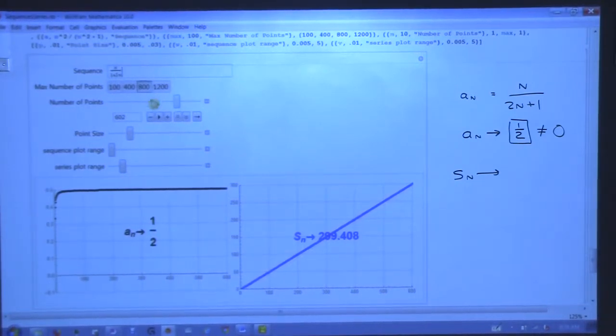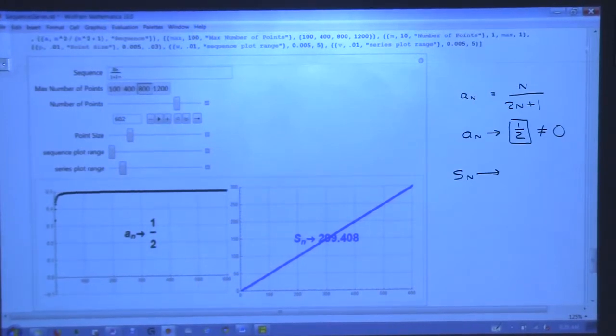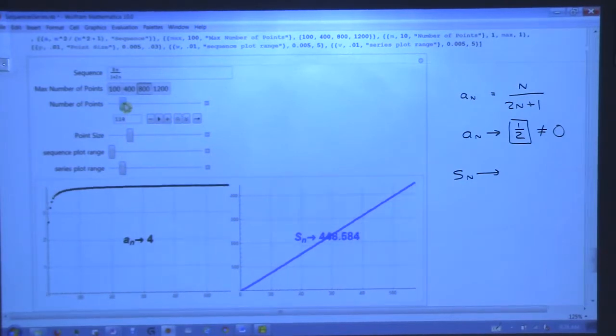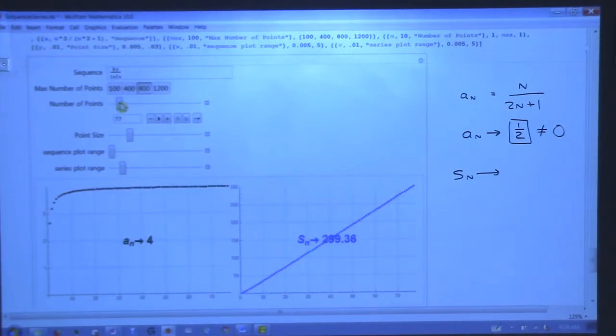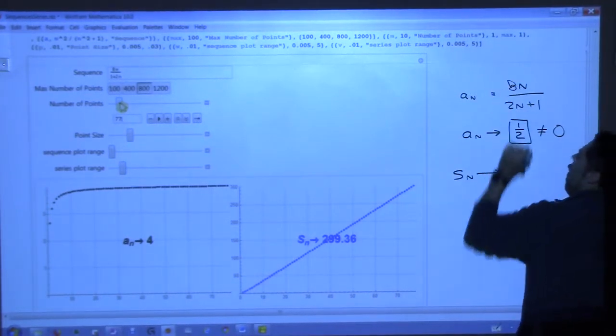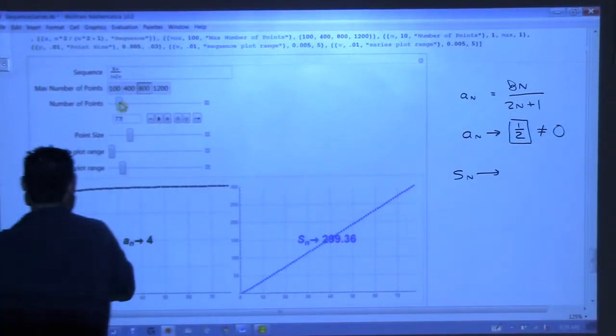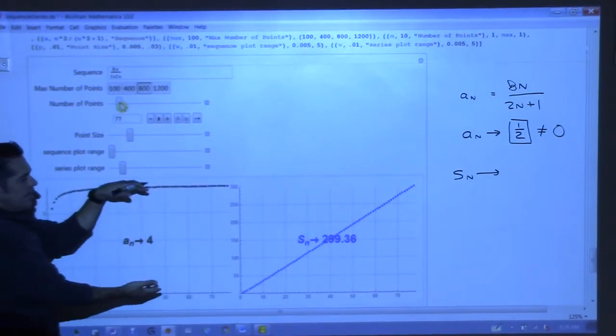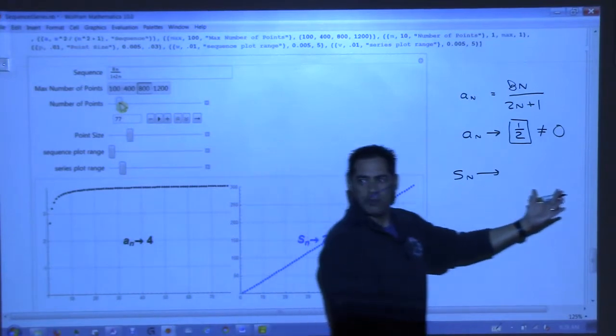Okay, so if I create a sequence, all I'd have to do is change this to 8n on top. So I just changed this to 8, okay? And that way the sequence converged to 4. So now I'm stacking these up. And as I stack them up, my sum gets huge, okay?